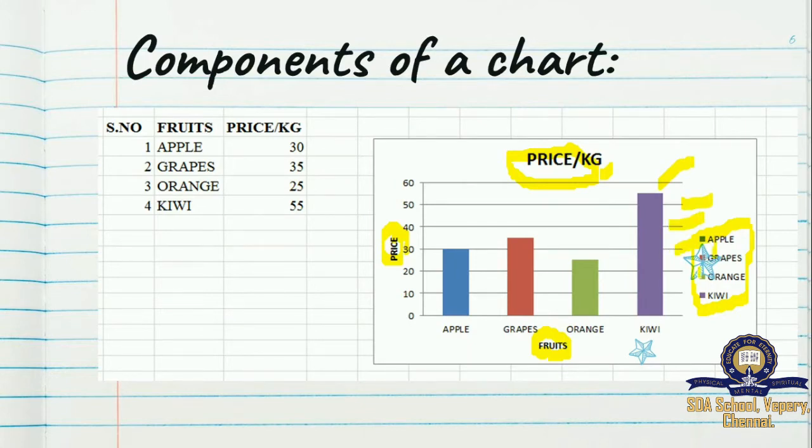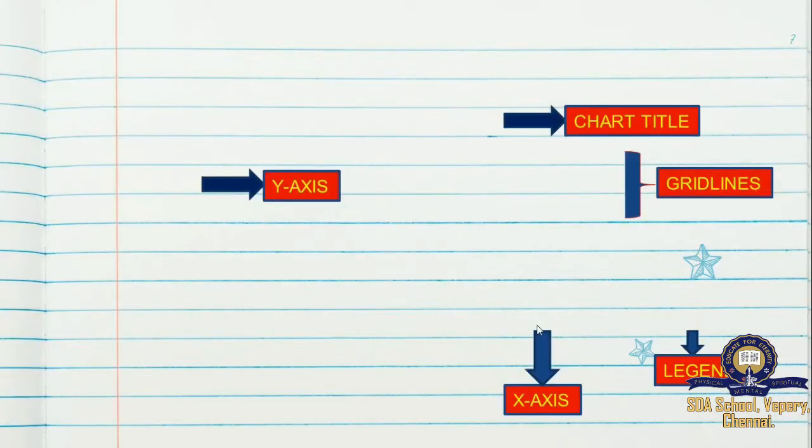These are all what we call components. This is the y-axis, this is the x-axis, this is your chart title, this is grid lines. These are all chart components.